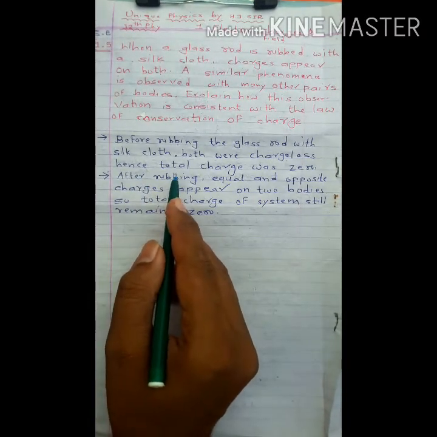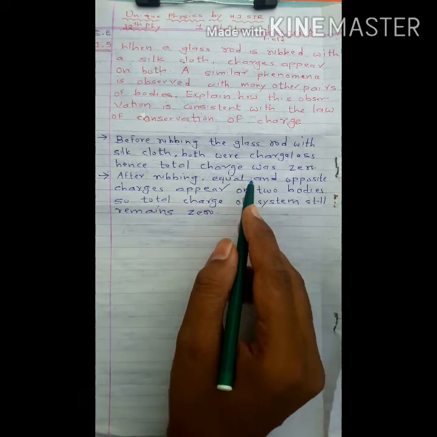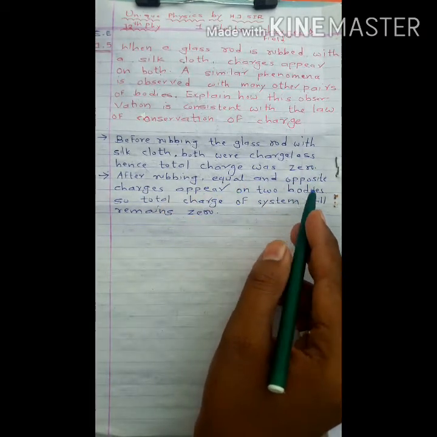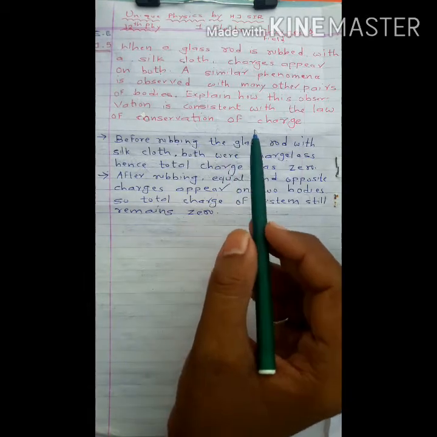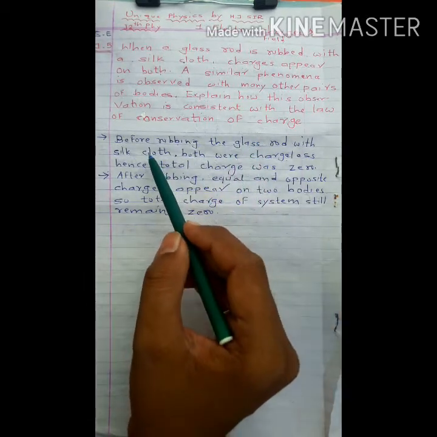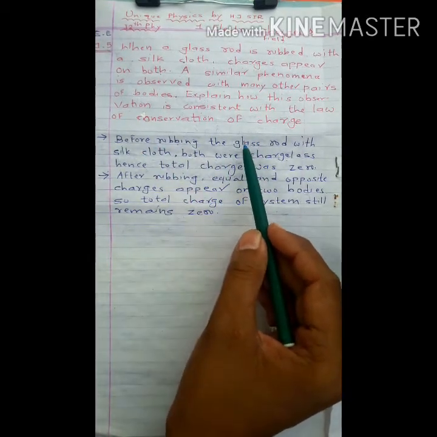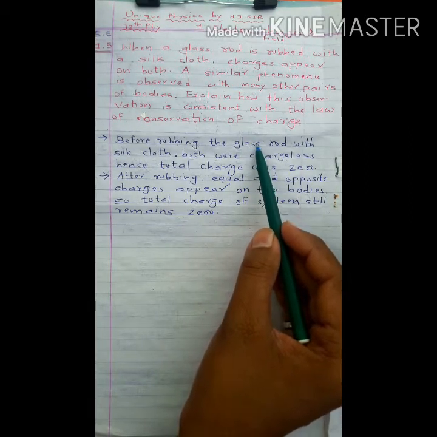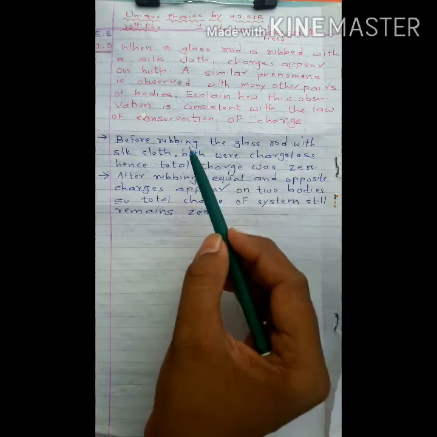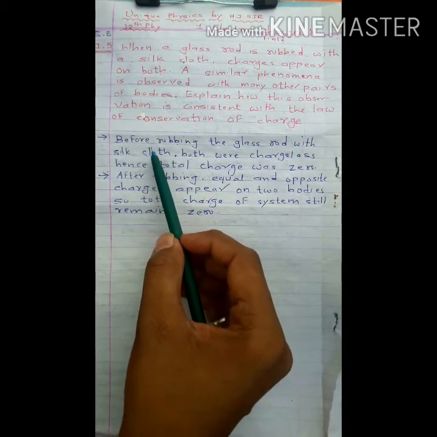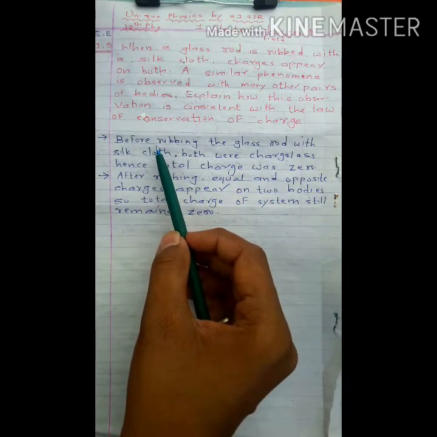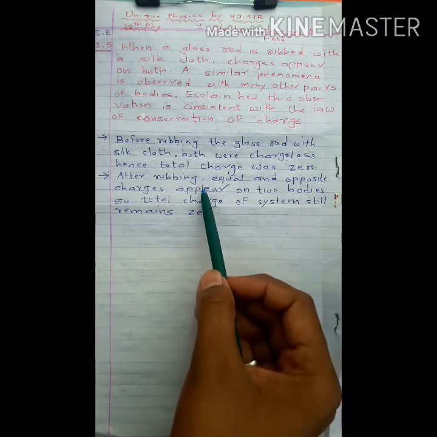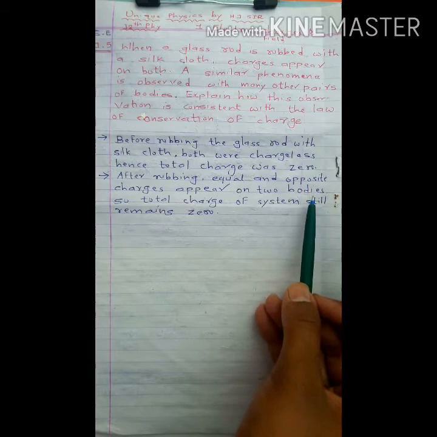After the rubbing process, equal and opposite charges appear on both bodies. This is our standard observation. When the glass rod is rubbed with silk cloth, electrons are lost by the glass rod, so the glass rod becomes positively charged, and an equal number of negative charges is developed on the silk cloth. So after the rubbing process, equal and opposite charges appear on the two bodies.